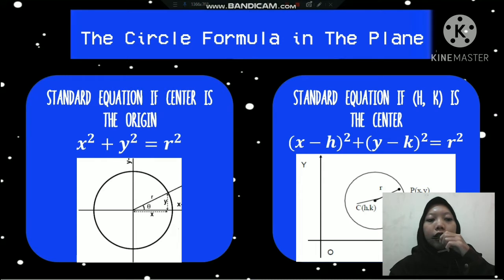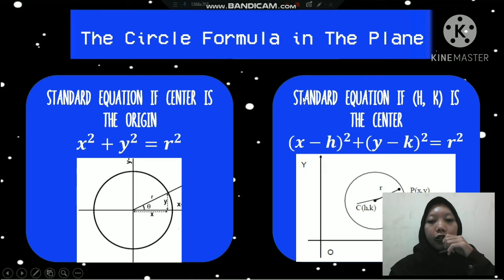The standard equation, if the center is the origin: x to the power of 2 plus y to the power of 2 equals r to the power of 2.